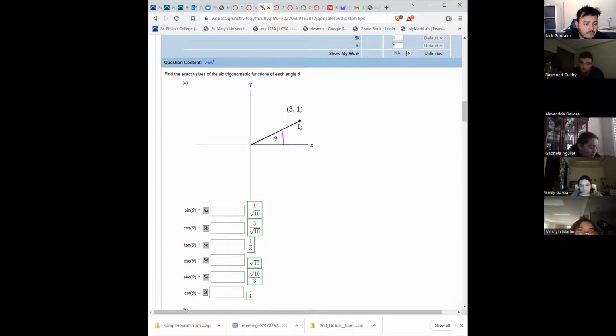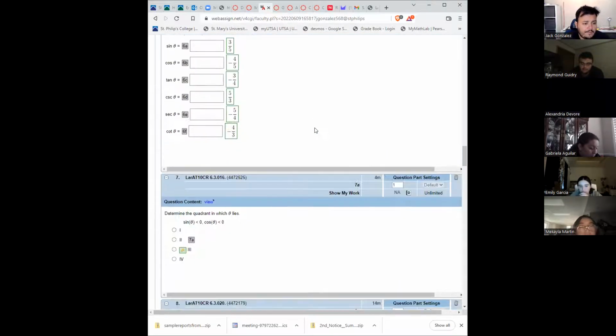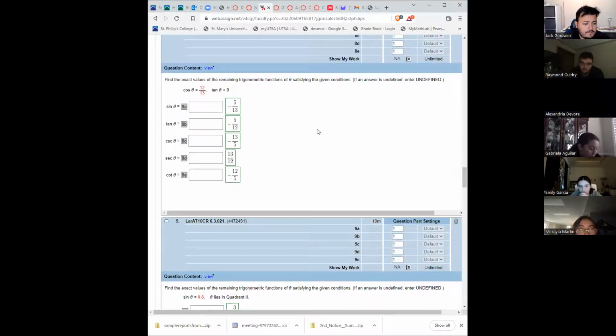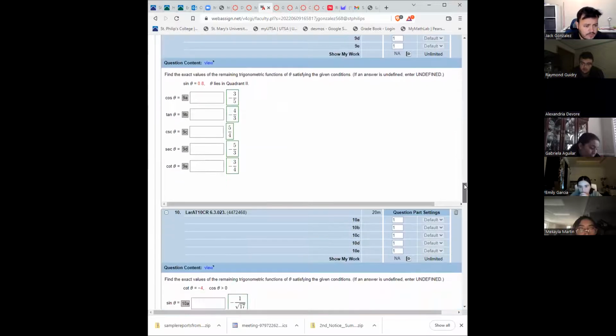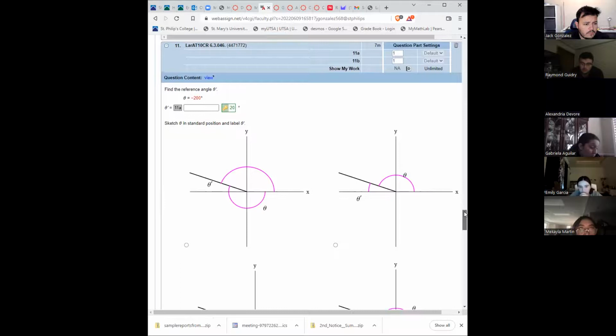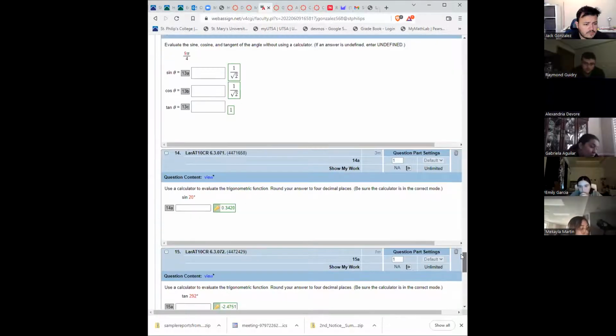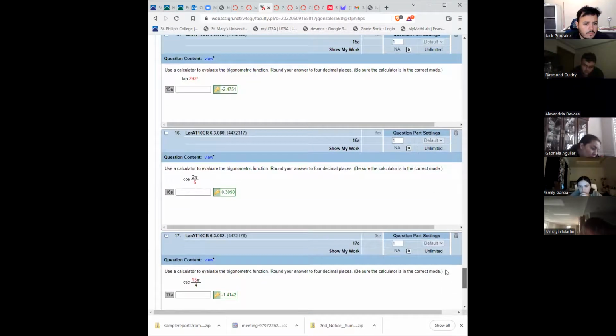We will have to build a triangle based on this idea. So very similar to what we've done before, just a little more complicated, and some new ideas about reference angles. All right, cool.